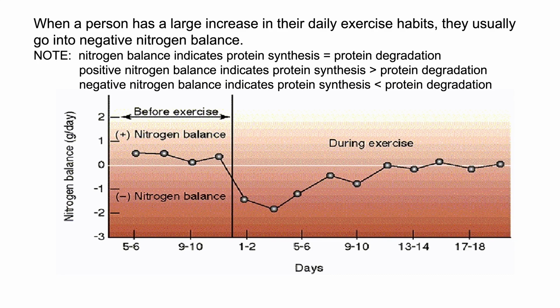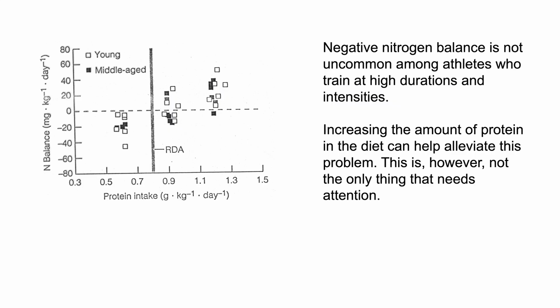Ideally you want to be at least in the positive or at least at a neutral nitrogen balance. The best way to do this is to boost up the amount of protein you're consuming, especially when starting a new regimen. It says negative nitrogen balance is not uncommon in athletes who have trained at high durations and intensities. It says increasing the amount of protein in the diet can help alleviate this problem.